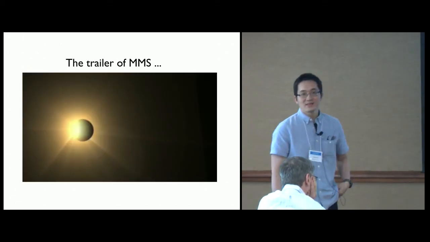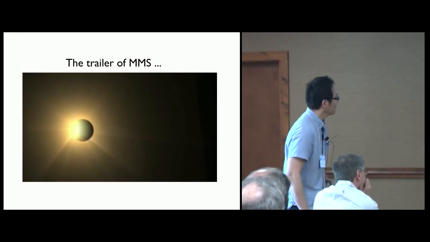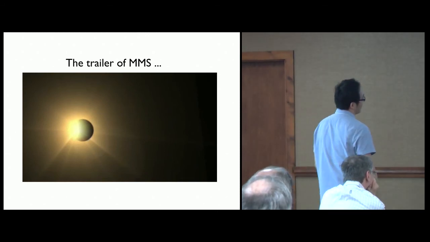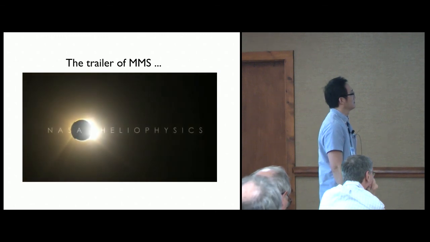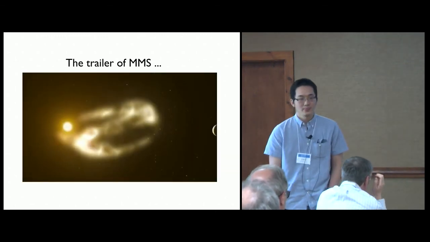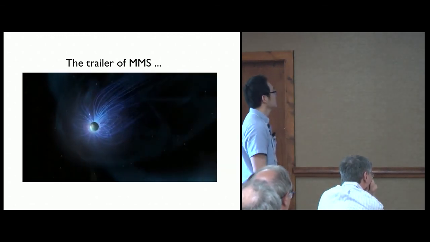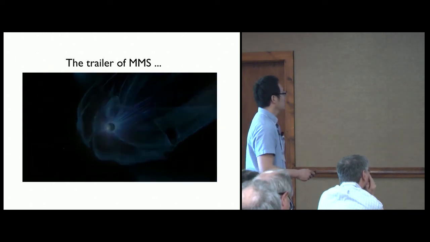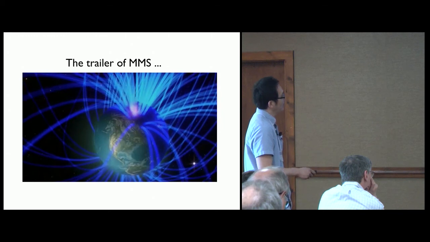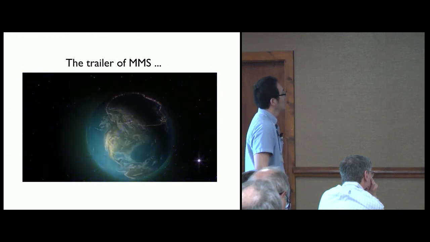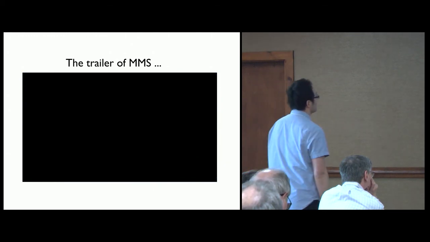Okay, so at the end of the day, it's nice to see this video. It's nice to wrap up what I just said. So it's the MMS mission. Our way in the magnetosphere, and trigger the tail reconnection, and form the aurora. So it's nice to have visuals.